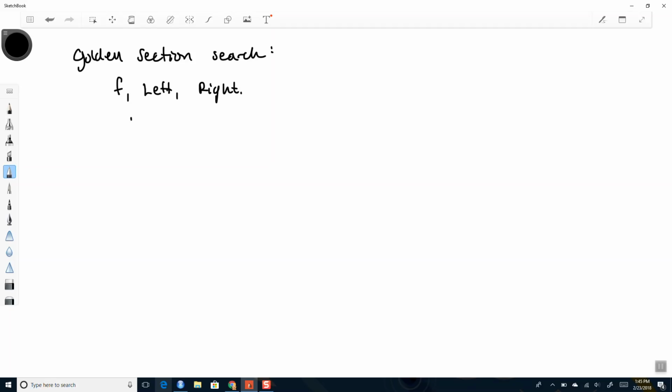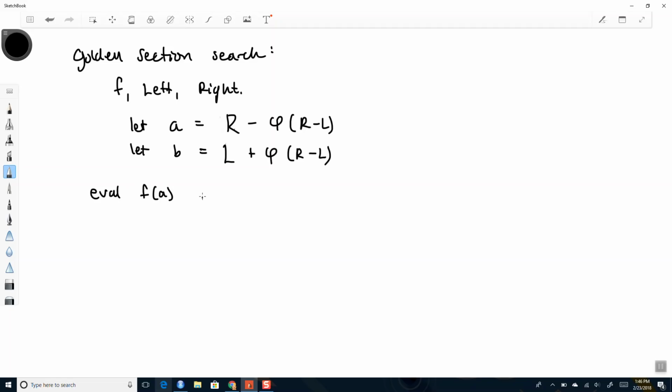Okay, and so we'll let A equal L minus the golden ratio times R minus L, and let B be, A is R minus this, and B is L plus this, R minus L, okay? And then evaluate f of A and f of B, okay?